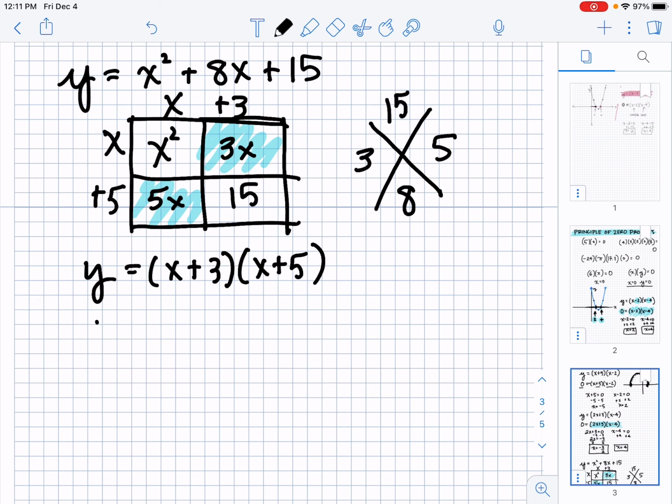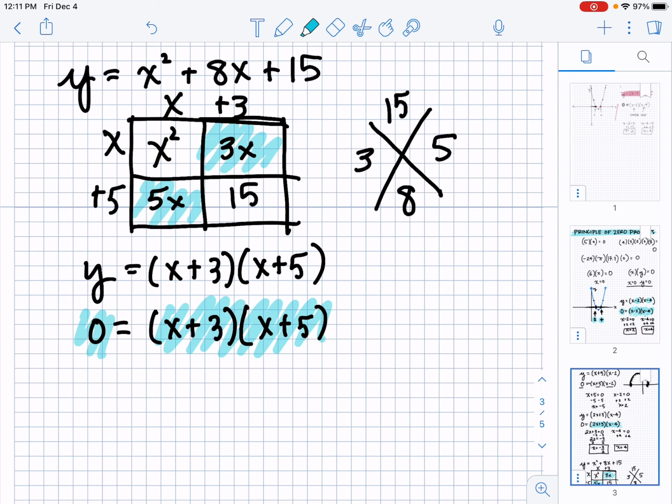But if the question is, what are the x-intercepts, then you would set y equal to 0. And since you have a product, two things multiplied together to make 0, one or both of them are 0, so we'll figure that out.